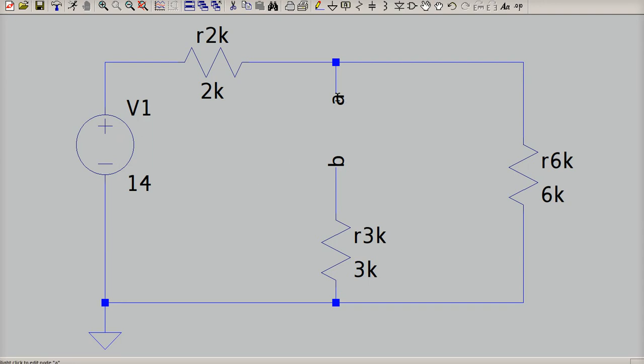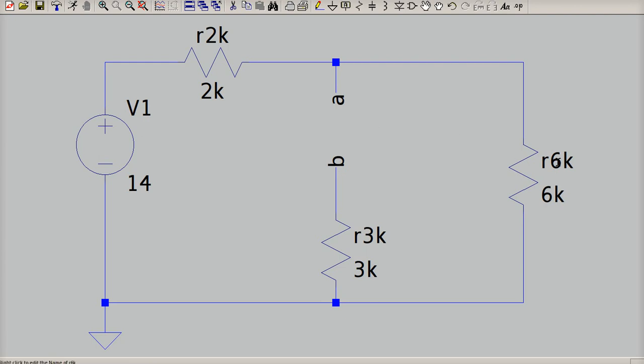So now if I go from A around to B, I can go either through a 2K around to this point, or I can go through a 6K around to this point. So your 2K and your 6K are in parallel. And then those two resistors, whatever they are in parallel, are in series with a 3K resistor, such that the resistance from A to B becomes my Thevenin resistance.